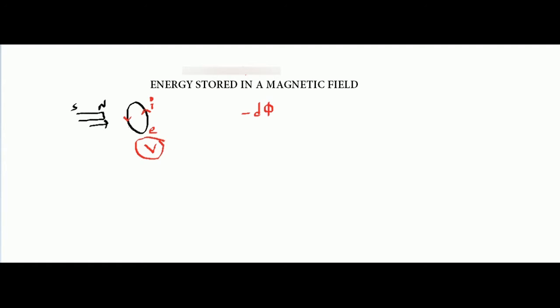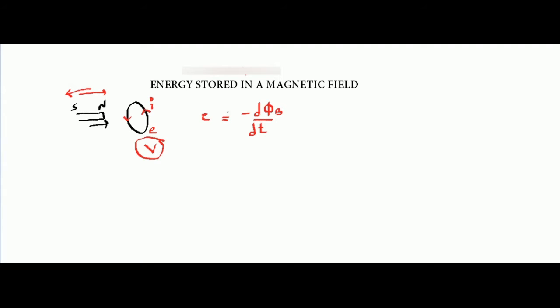If you keep the magnet here, still nothing is going to happen, no current will flow. You need to make the magnet move near the wire or away from the wire to make a current flow. So you always need a changing magnetic flux to create a potential in the wire. This is the famous Faraday's law.